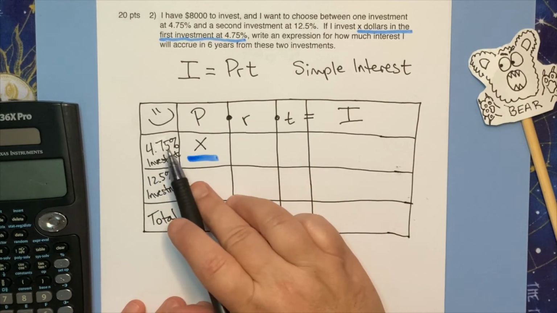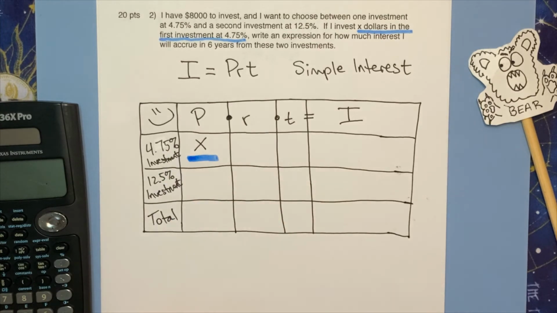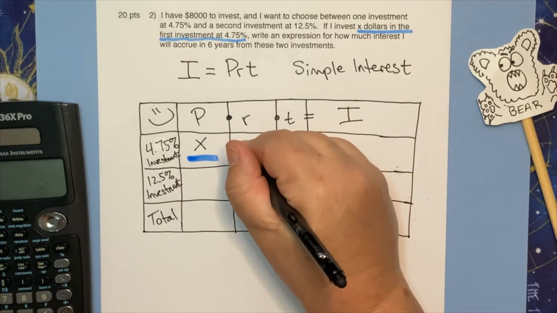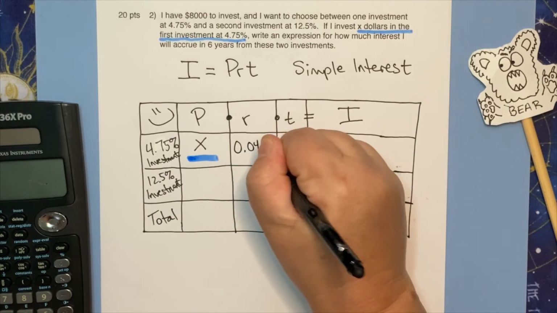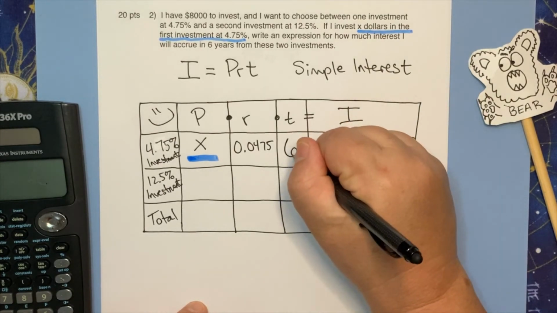Well, 4.75 is the interest rate, but that's in the form of a percentage, and it's going to be a lot easier to work with as a decimal. So I'm going to write out the decimal. Remember, I slide the digit twice. This is going to be 0.0475. How long is it going to be? It's going to be 6 years.